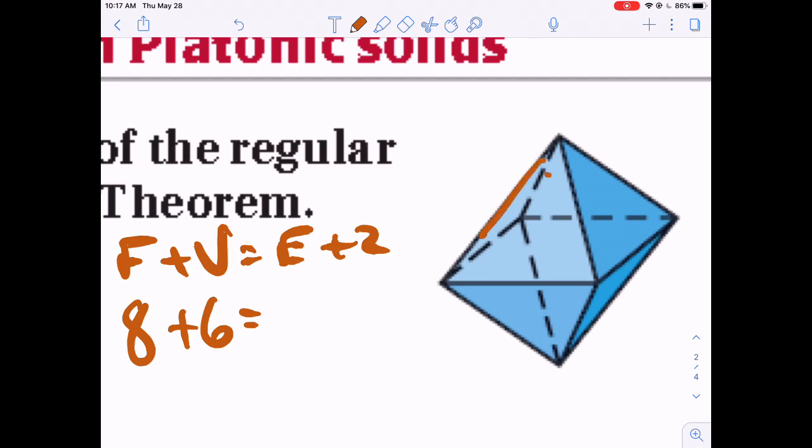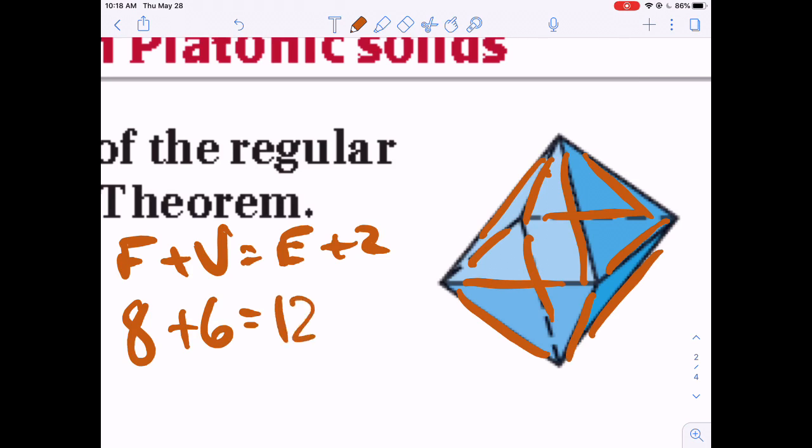So here we go: 1, 2, 3, 4, 5, 6, 7, 8, 9, 10, 11, 12. That's it, 12 edges. And then you add the 2. 8 plus 6 is 14. 12 plus 2 is 14. Yes, it checks. So there's always that relationship between the faces, vertices, and edges for every polyhedron.